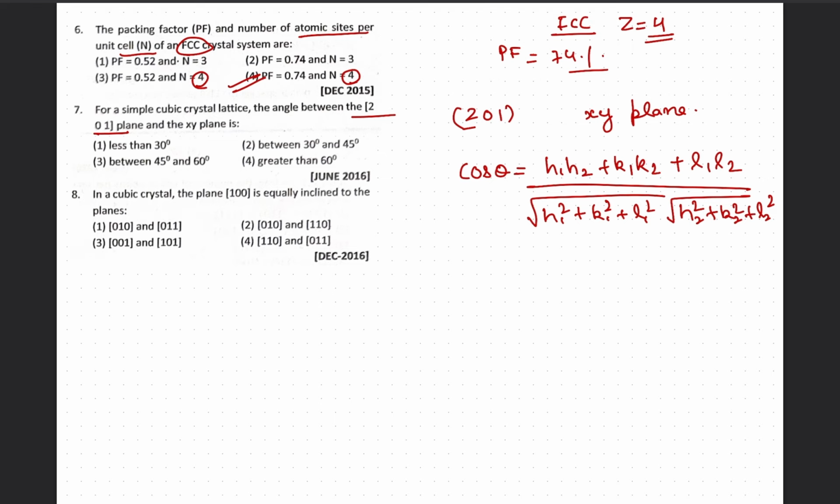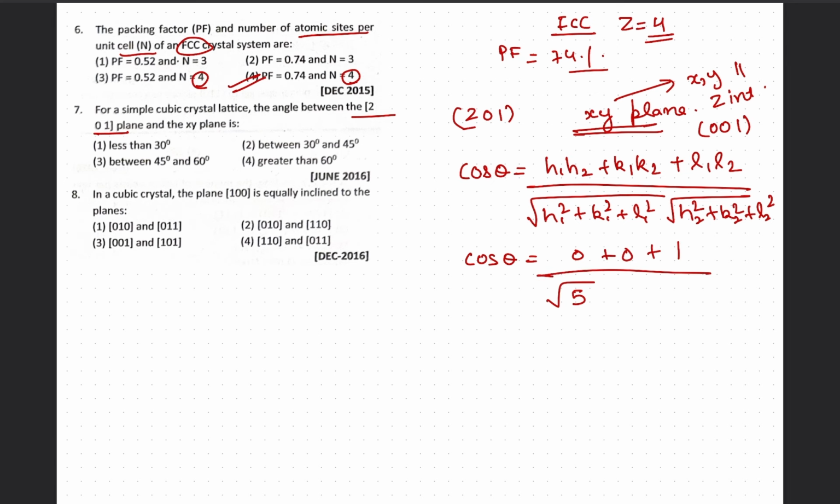Now the question is xy plane, we have to calculate the Miller index of the xy plane. The xy plane is that plane which is parallel to x and y axis and intersects the z axis. So its Miller index will be 0 0 1. Now you can easily find cos theta: 0 into 0, 0 into 1, 1 into 1, this is root 5, this will be 1, so 1 upon root 5.